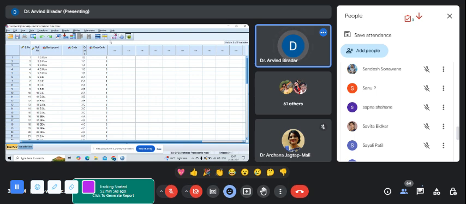For this purpose, first of all, we use the chi-square test, cross-tabulate, to understand the relationship between independent and dependent variable.